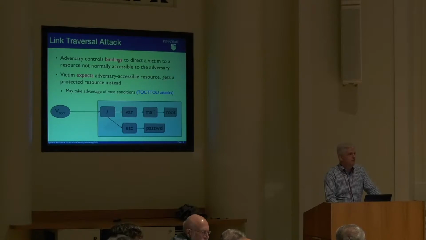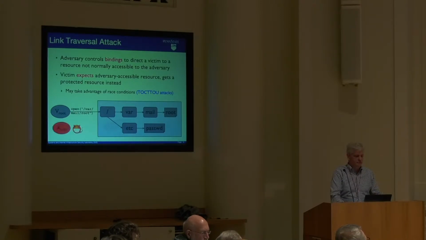And there have been a number of defenses, but currently we still lack a coherent approach to dealing with these. But the basic problem is that the adversary controls what I'll call bindings or links that are used during the name resolution process when you're trying to retrieve a file. And the adversary can take advantage of this to redirect the victim to a file of their choosing.